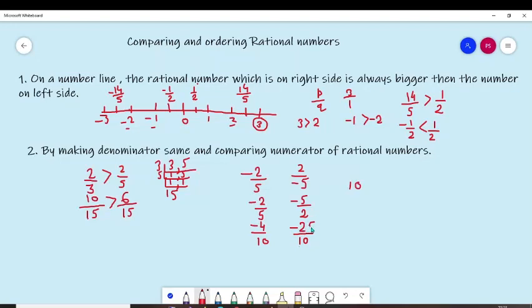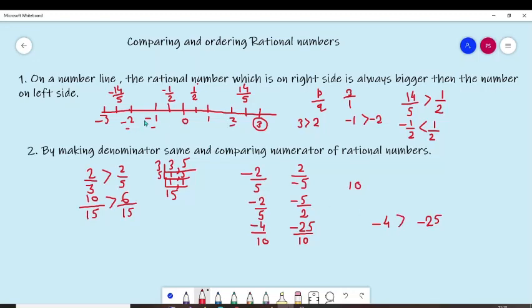Correct. Now let us simply compare the numerators. Okay, now tell me, which is the bigger one, -4 or -25? Yes, in negative numbers, what happens? The number which is towards 0 is the bigger one, right? So -4 is the bigger one.